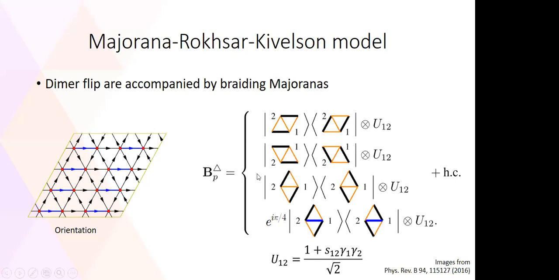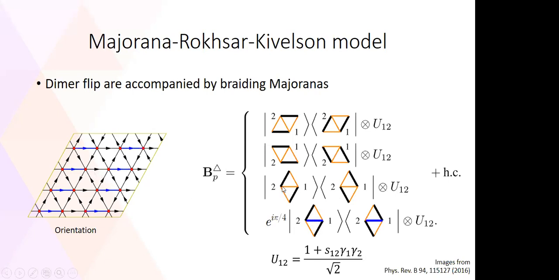Notice that the third term here and the fourth term here look the same. It seems like they flip the same bond, but actually they differ because the Kasteleyn orientation breaks the translation invariance and enlarges the unit cell of the model by 1.